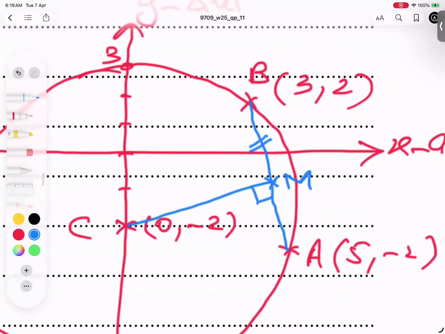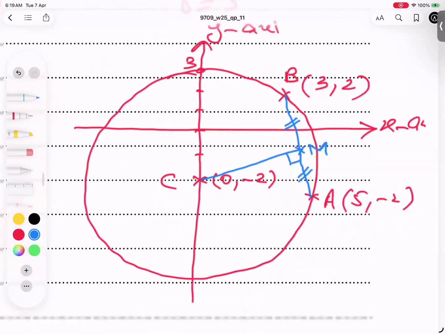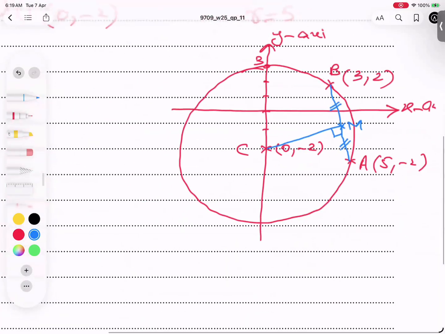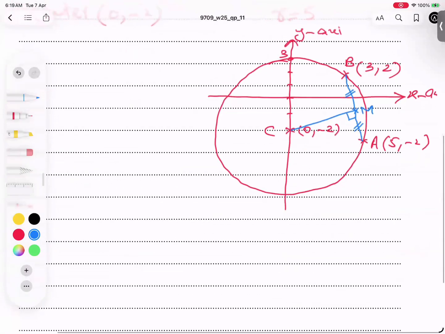So this distance and this distance are equal to each other. There's a rule of this topic, students. Whenever we have a circle and we have a chord, and we draw a perpendicular, it will cut at equal points.